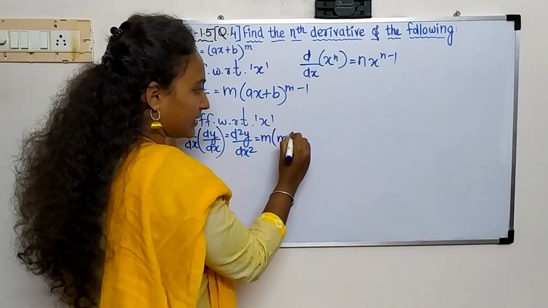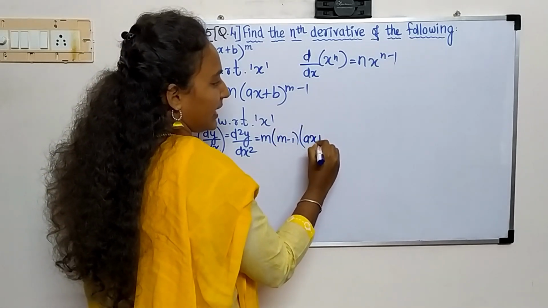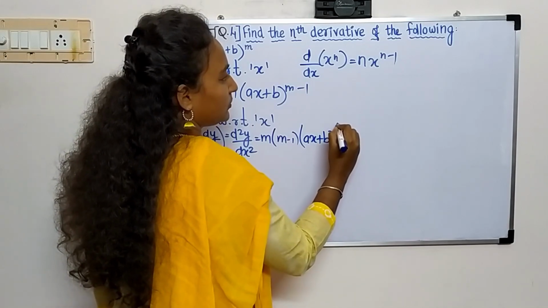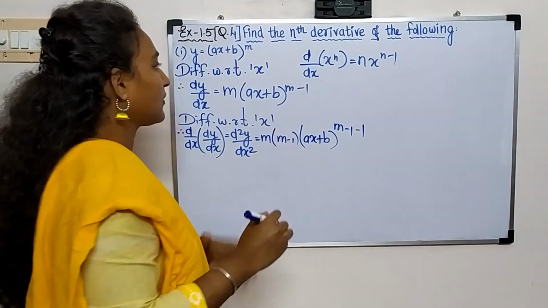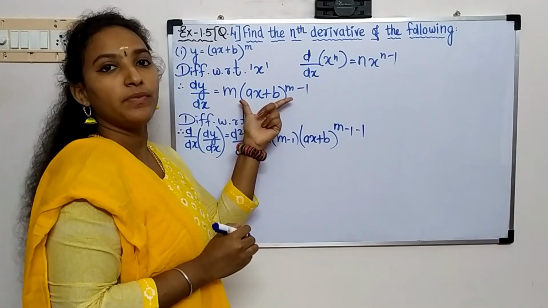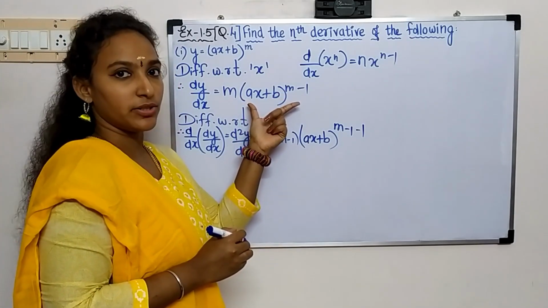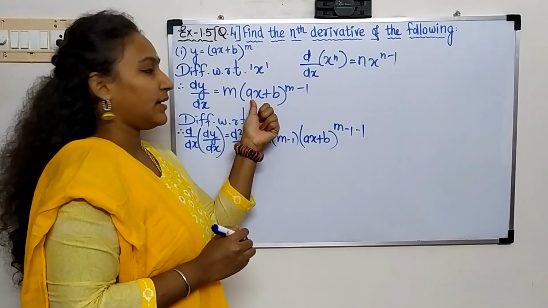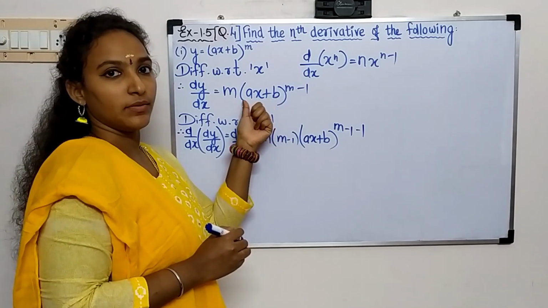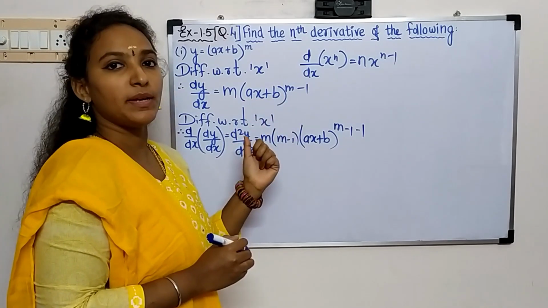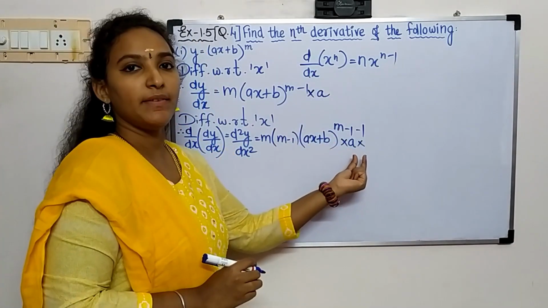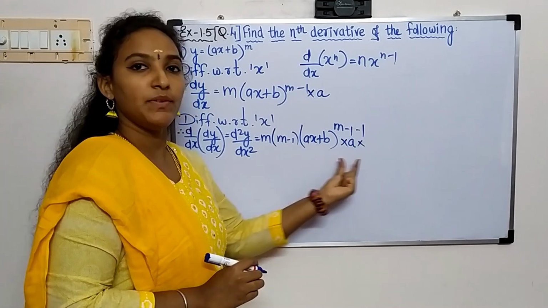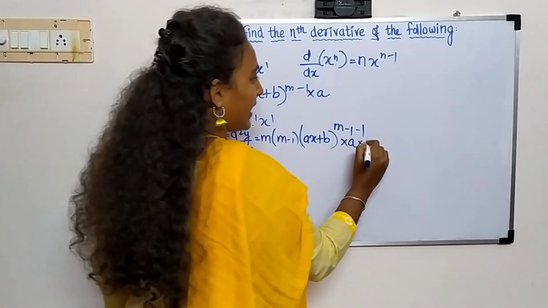Write m minus 1 into (ax plus b) raised to m minus 1 minus 1. And here we have to find the derivative of ax plus b also, that is a. Derivative of x is 1, a into 1 is a, and derivative of b is 0. So multiplied by a. See, already we have an a, again we will get an a, that is a into a.